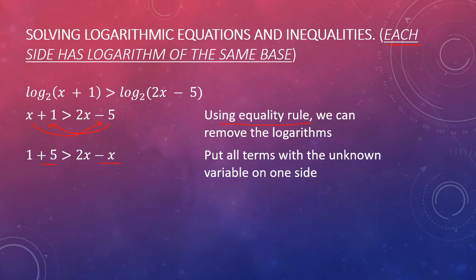So, I just combined the terms with variable x so that we can solve it. So, 1 plus 5 is equal to 6. And 2x minus x is equal to x. So, our final answer will be 6 is greater than x, or x is less than 6.